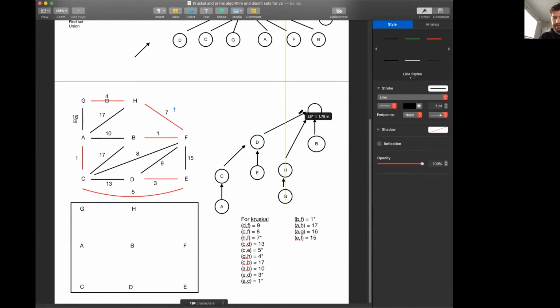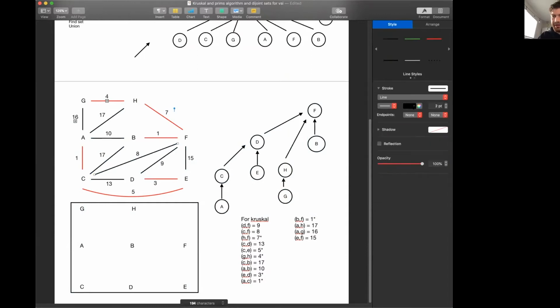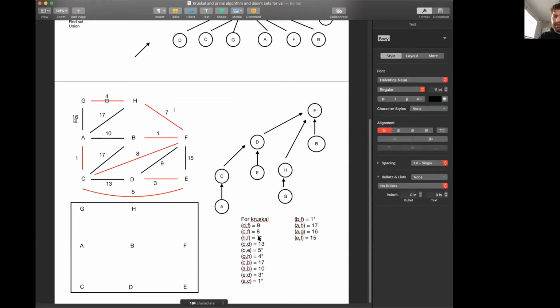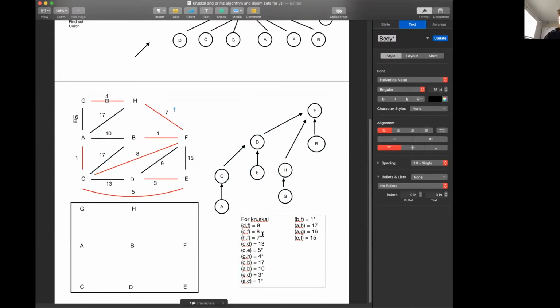We lost the F. So I processed 8, the CF edge. This caused the union. I'm just going to color it with red. All right, what's the next edge to process? I'm going to mark 8 as done.